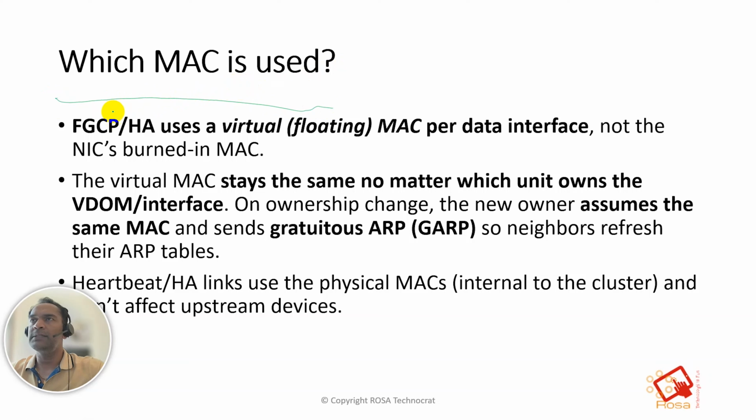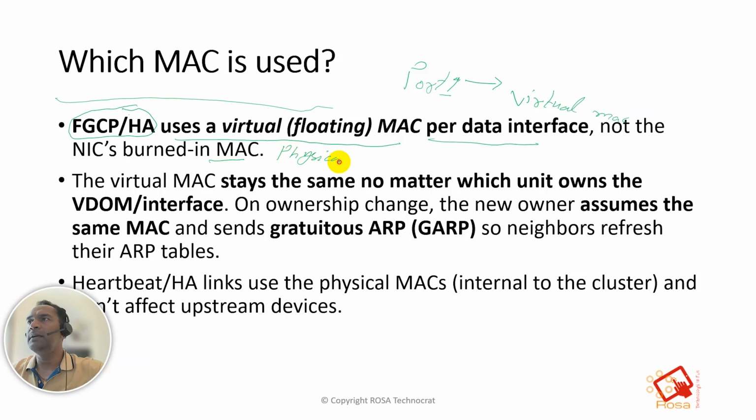To understand that, we need to understand how the MAC address is used in the virtual cluster. A FortiGate HA cluster using the FGCP protocol uses a virtual floating MAC per data interface. That means if you have port 1, port 1 will have a virtual MAC. So it is a floating MAC per data interface, not the NIC's burned-in MAC. Burned-in MAC means the physical MAC.